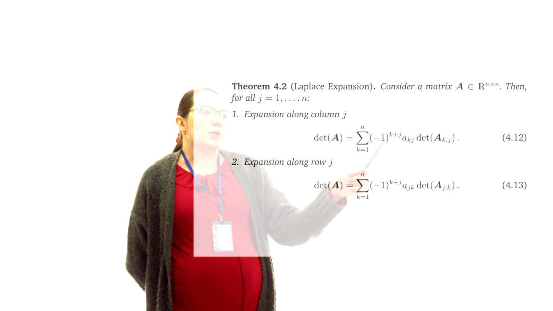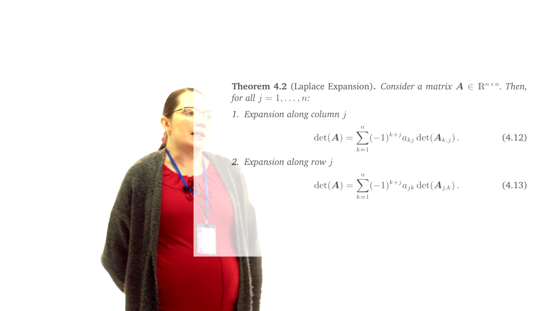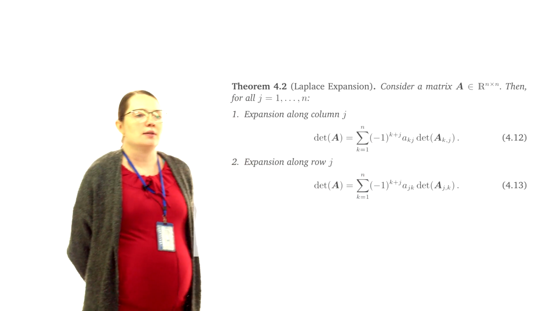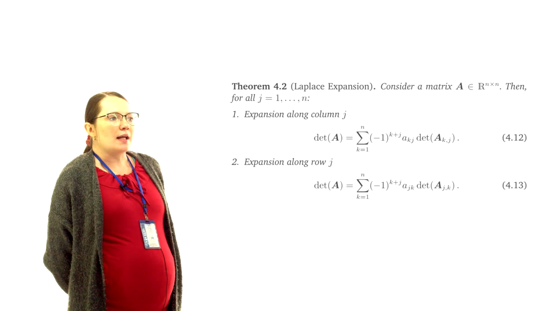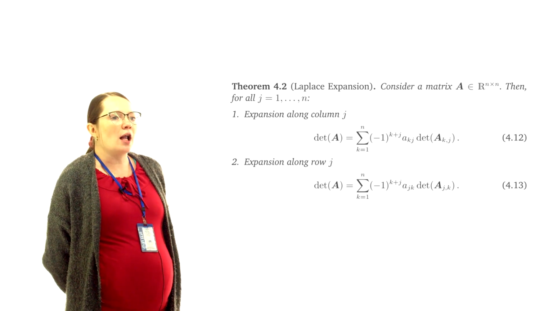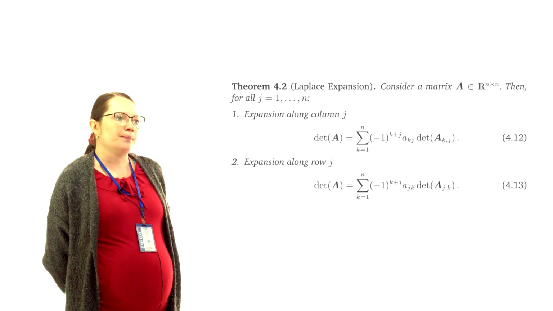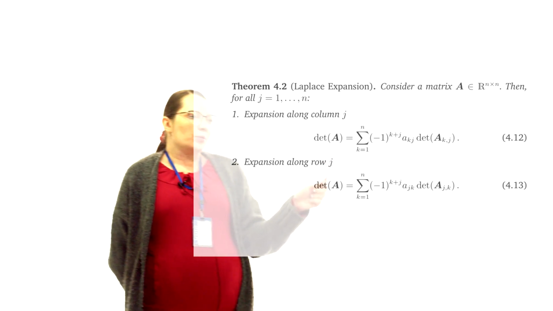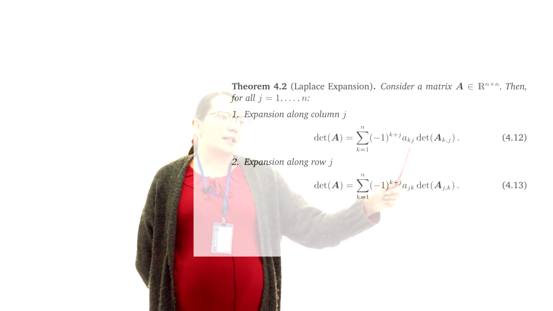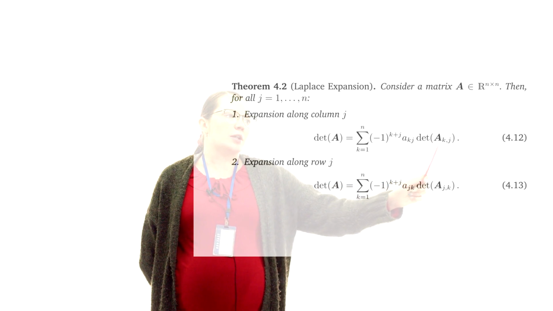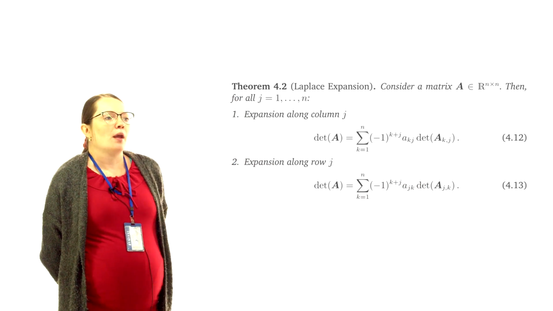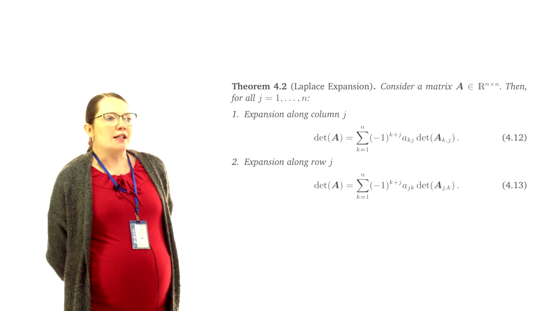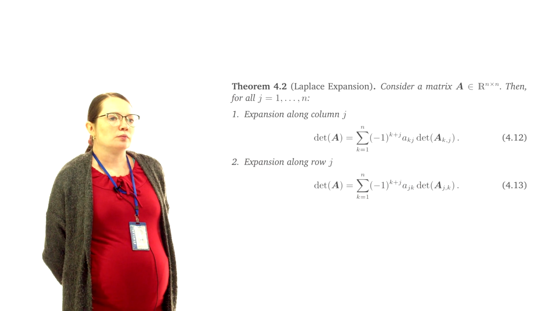And this is minus 1 to the k plus j, which is the sign of the summand in each case. The sign is determined by the sum of the row and column of the corresponding element. Then we multiply by the value of this element, and then by the determinant of a submatrix AKJ, which is called the cofactor.